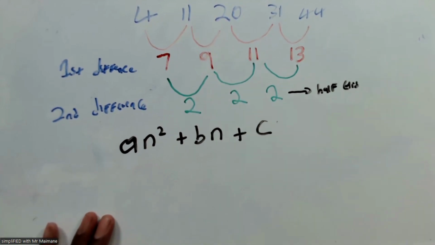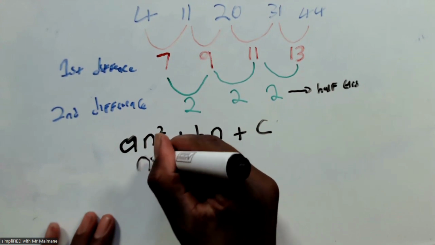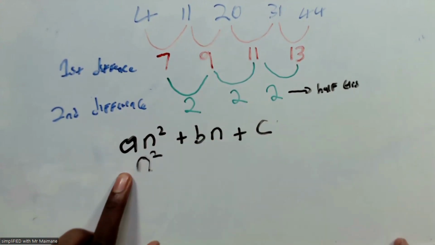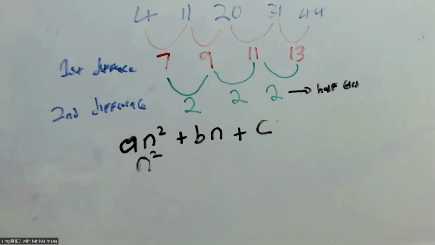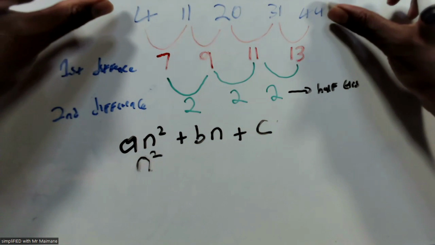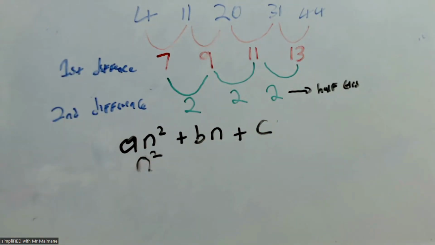So now we've had our first term. We know that n squared is our first term. So we know that A is 1, n squared is our first term. Now to find B and C, we first must write the original sequence. So we're just going to write our original sequence aside here.